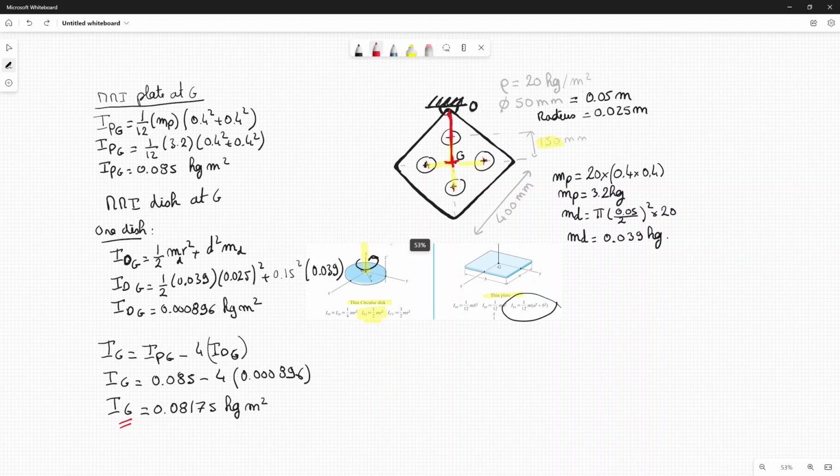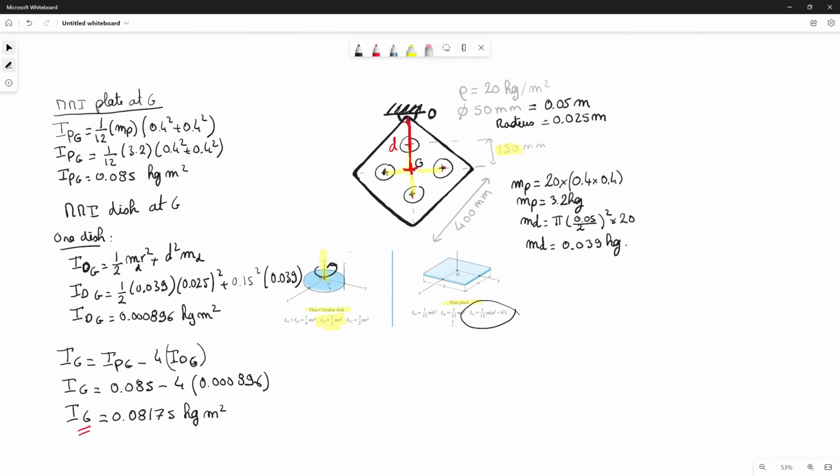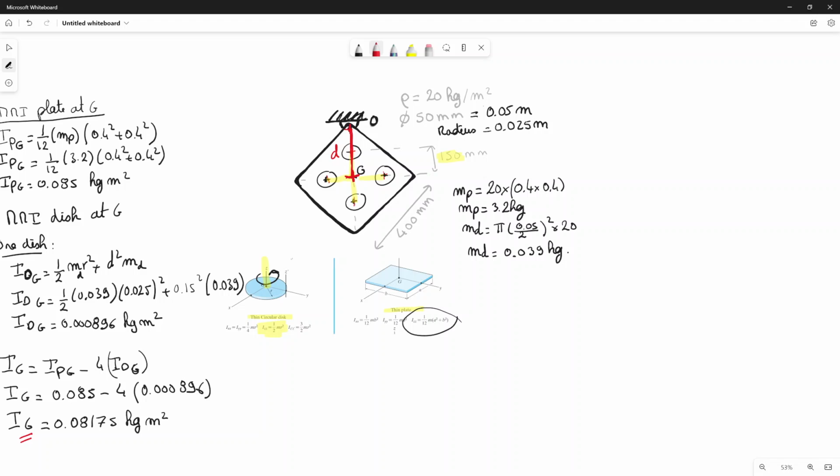So we need to find this distance. Let's call this distance D. How do we find this distance D? This one is 400, and we try to find this distance D. There are different options, but this is a 45 degrees angle. So we can use sine of 45 degrees equals D divided by 400.